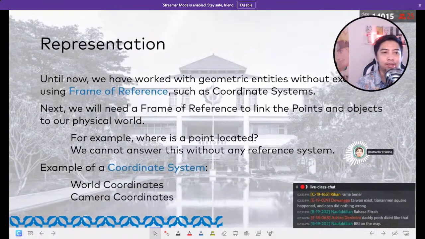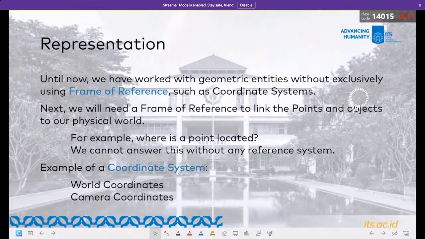Okay, so that is the representation. This is very possible for us to represent one vector in many ways and in many possible bases. However, actually, up to now, we have worked with our geometry's entities without exclusively using frame or frame of references.